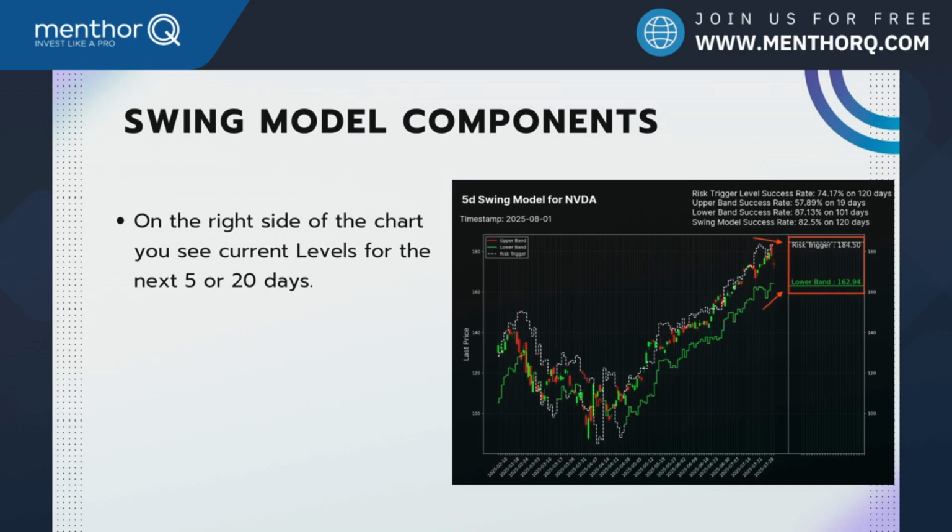What you see in the red box there, in this case NVIDIA, is our 5 days model. So we are seeing a lower band level of 162.94, and we are also seeing a risk trigger at 184.5. Those would be the two levels from today that are going to be relevant for the next 5 days.